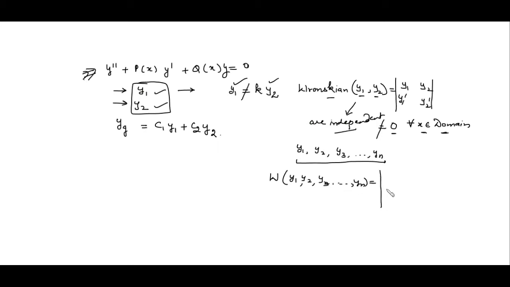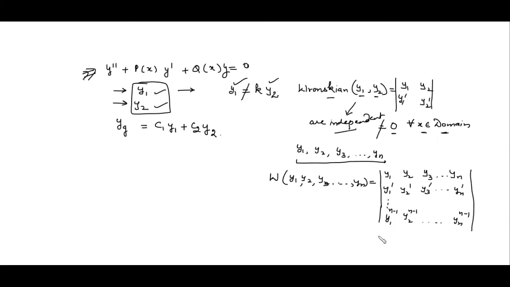This will be the determinant with the first row y1, y2, y3 up to yn, then y1 prime, y2 prime, y3 prime and so on up to yn prime, and so on down to y1 (n minus 1)th derivative, y2 (n minus 1)th derivative, and yn (n minus 1)th derivative, meaning the (n minus 1)th derivative of yn with respect to x.